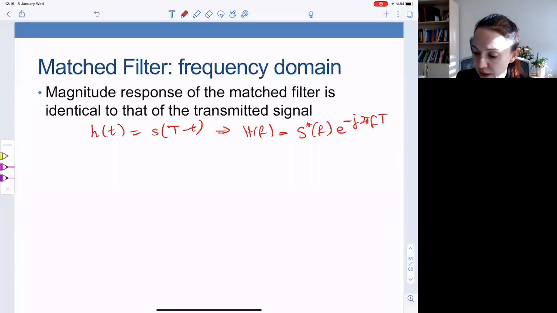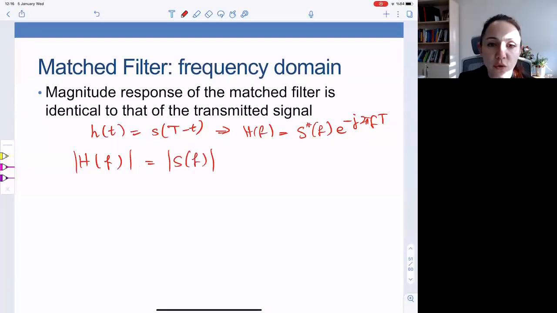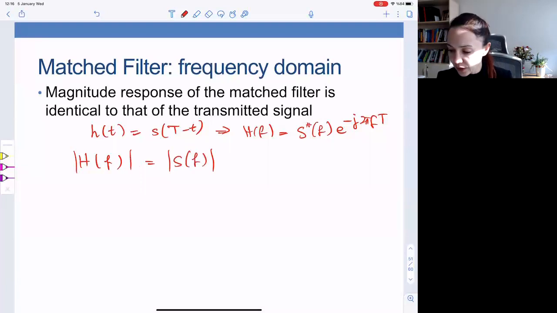So basically, in other words, the magnitude spectrum is equal to that of the pulse shape. The magnitude response of the matched filter is identical to the transmitted signal spectrum. On the other hand, the phase is shifted by a linear function of t.